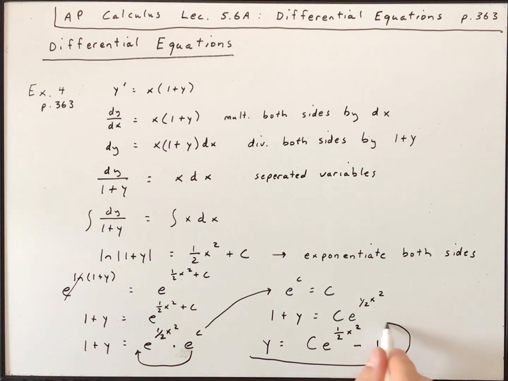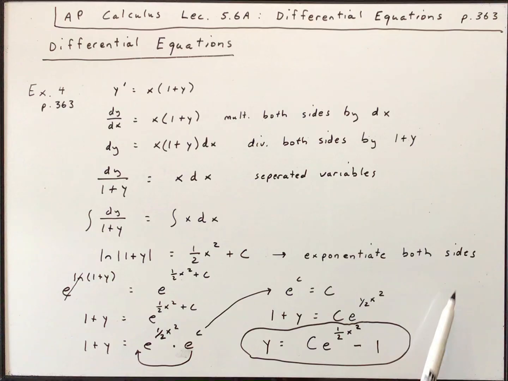So that is the best formatting, and mathematicians are going to make you get to that. That would be the form of the answer on the multiple choice test. They make you go through the exponentiation part to get that c out in front of the e term. So that minus 1 is not part of the exponent.